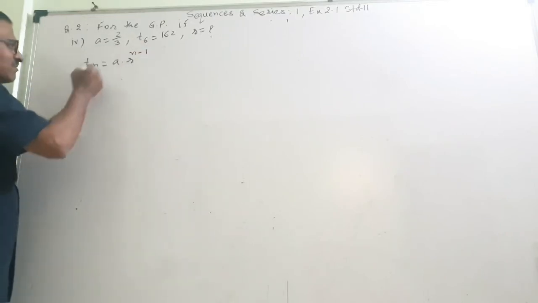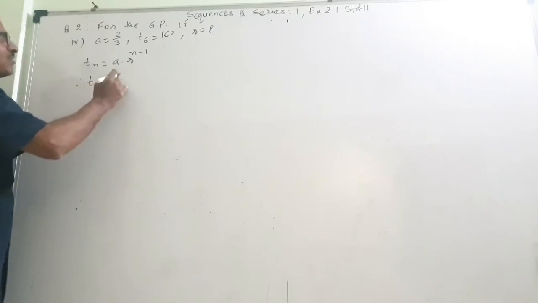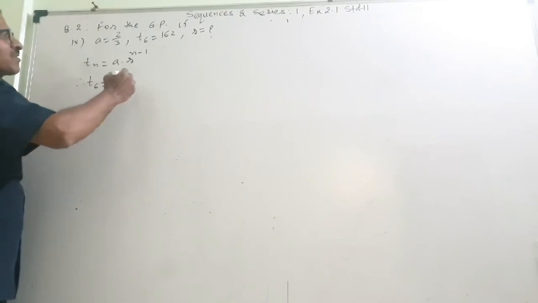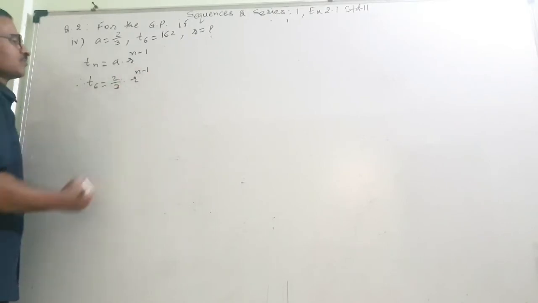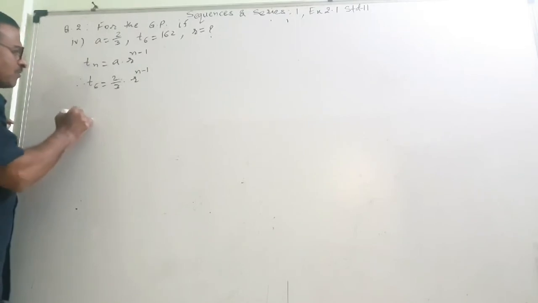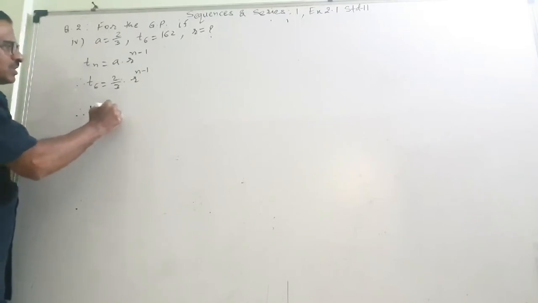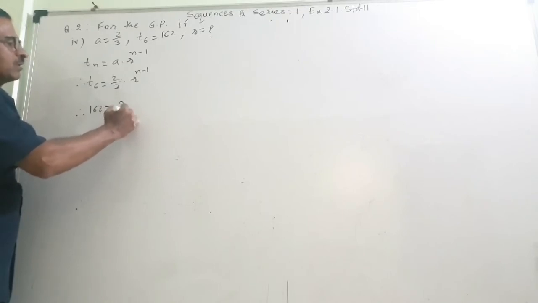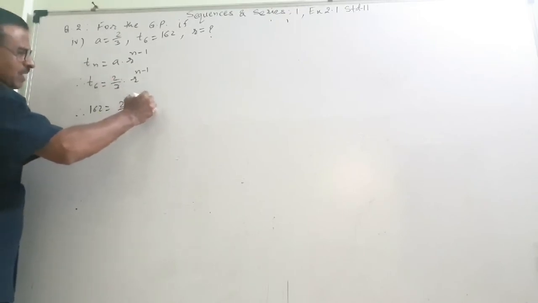Therefore, T6 is given, so I will write T6 equal to A, which is 2 upon 3, into R, that I don't know, R raised to n minus 1. What is the value of T6? 162. Therefore, 162 is equal to 2 upon 3 into R raised to n minus 1.